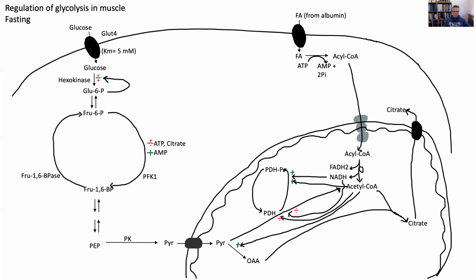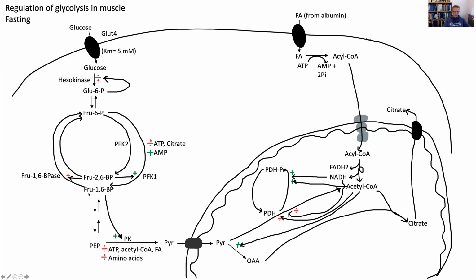Obviously, glycolysis is also regulated by fructose 2,6-bisphosphate levels in the muscle, as we know from the liver, which I will come back to later. And we also know that glycolysis can be regulated at the level of pyruvate kinase by ATP, acetyl-CoA, fatty acids, and amino acids, which all inhibit pyruvate kinase.